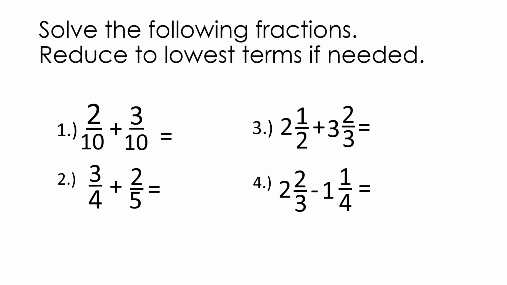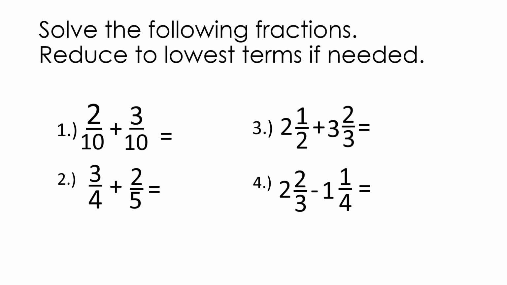Now, let us see how many of you understand our lesson. Solve the following fractions and reduce to its lowest term if needed. Number 1, 2/10 plus 3/10 equals blank. Number 2, 3/4 plus 2/5 equals blank.